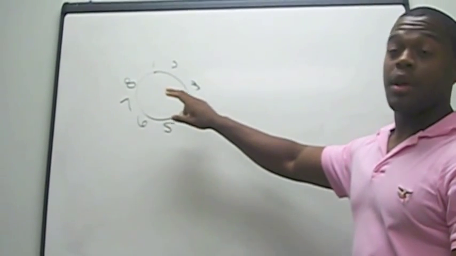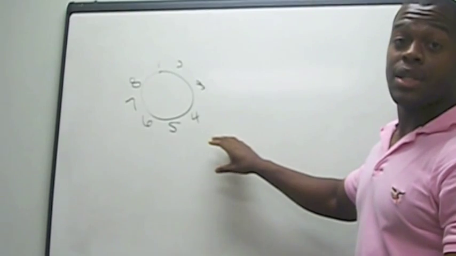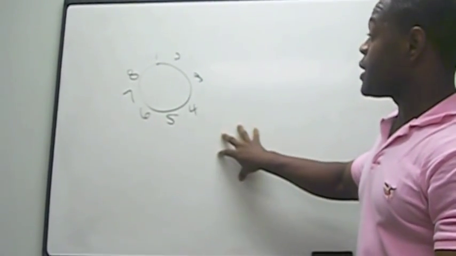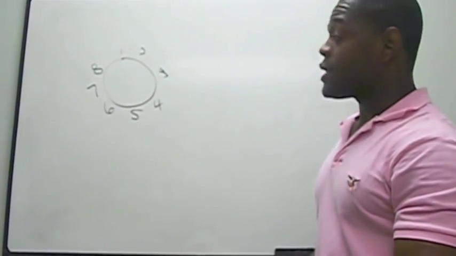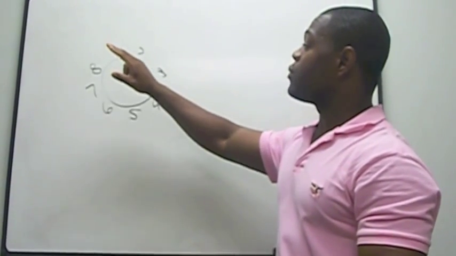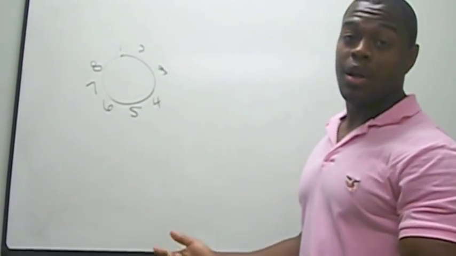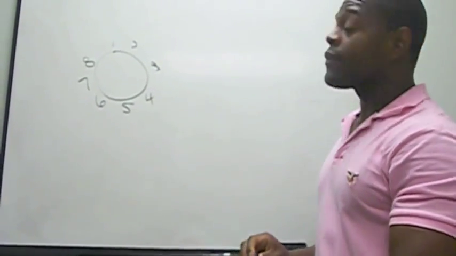Now they're going to tell you, with 8 people trying to sit at this table, how many combinations are there for someone to sit at the table? Now of course it would take far too long to look at it and say, person 1 can sit here, person 2 can sit here, person 3 can sit here, and then go on and on and on. This would take far too long.